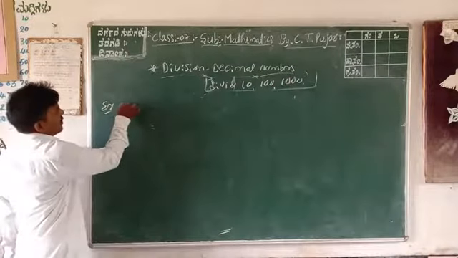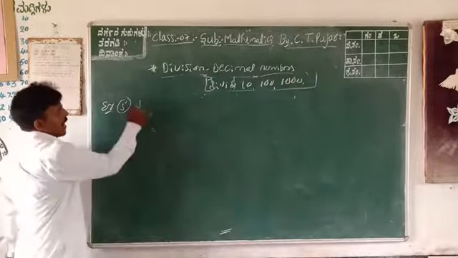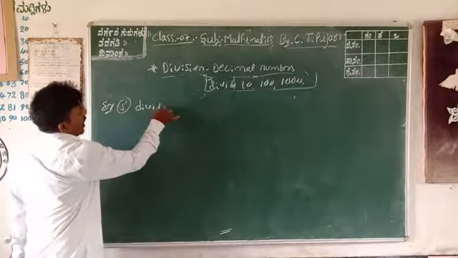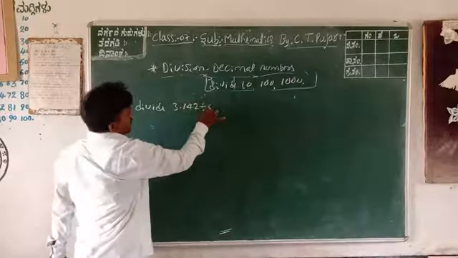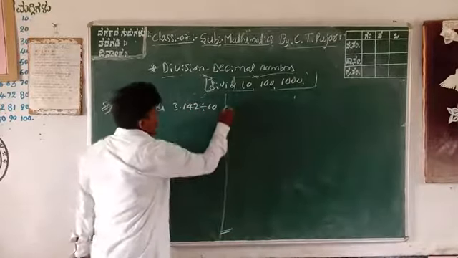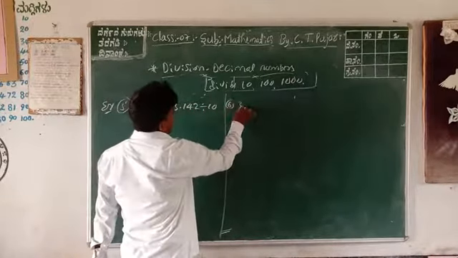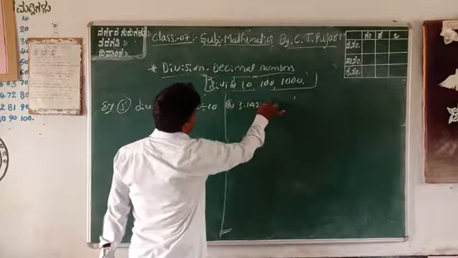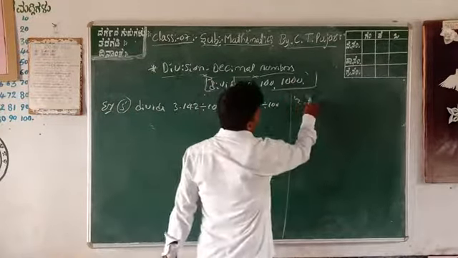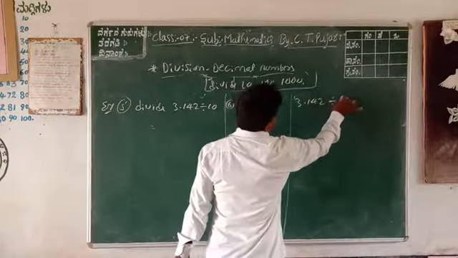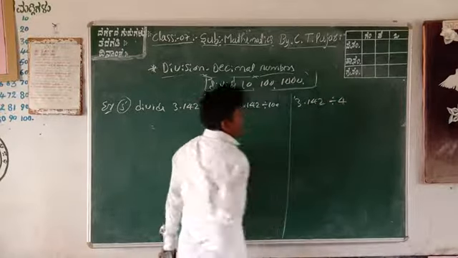Example number 5. Divide 3.142 by 10, and also 3.142 by 100, and 3.142 by 4.